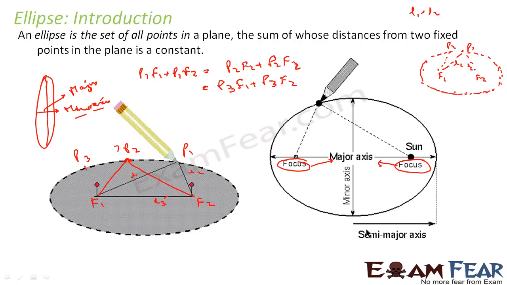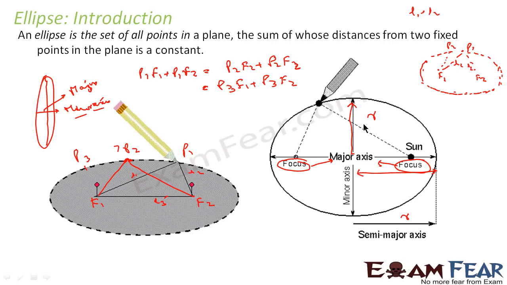Half of major axis is called semi-major axis and half of minor axis is called semi-minor axis. The semi-major axis is also called semi-major radius because this length from here to here is called semi-major radius.